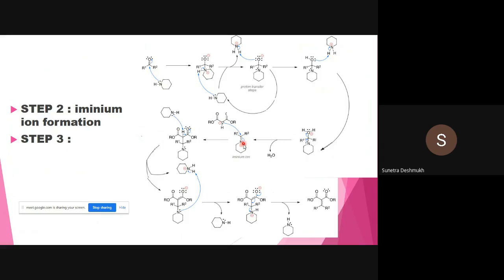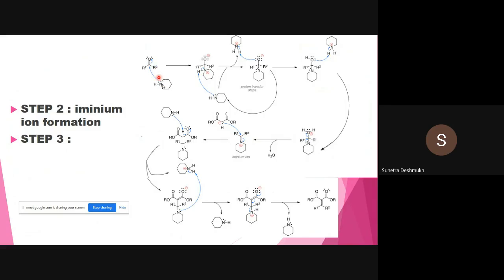Once we get the iminium ion, C double bond N, this iminium ion acts as an electrophile, and the enolate or carbanion containing moiety acts as a nucleophile, and we do 1,2 addition across the carbon nitrogen double bond. Okay, so this is the thing.